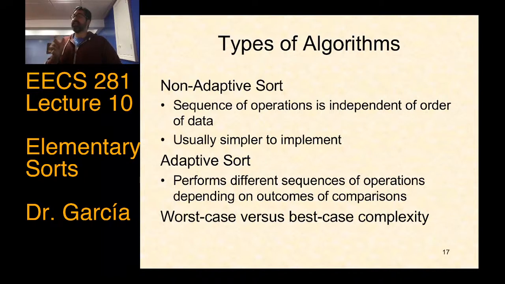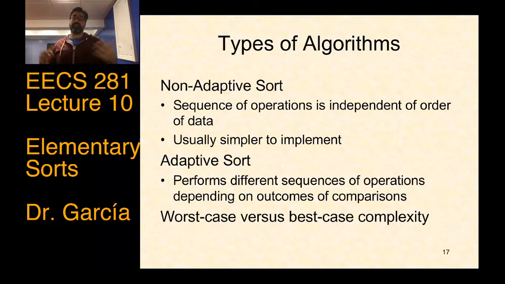If your input data is almost sorted, you can imagine a sorting algorithm that behaves differently than if the data is completely random. A non-adaptive sort behaves the same whether the input is almost sorted or completely random, whereas an adaptive algorithm would be able to perform better if the data is, say, almost sorted.